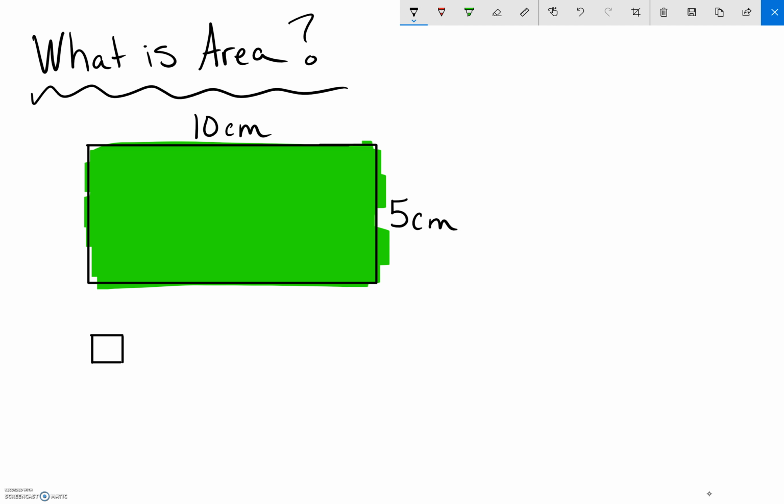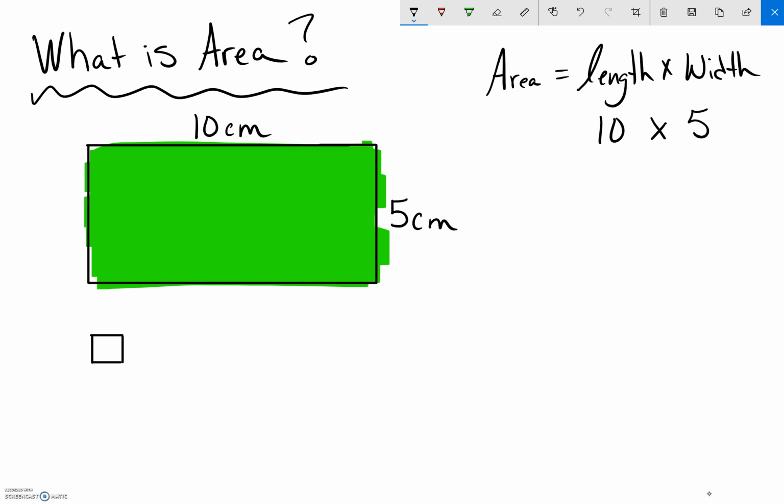So now the rectangle has a length and a width. Most people know, coming into 7th grade, and I know you guys do because we've talked about it, that to find area of a rectangle, it's length times width. So we take our length of 10 and our width of 5, and 10 times 5 is 50.